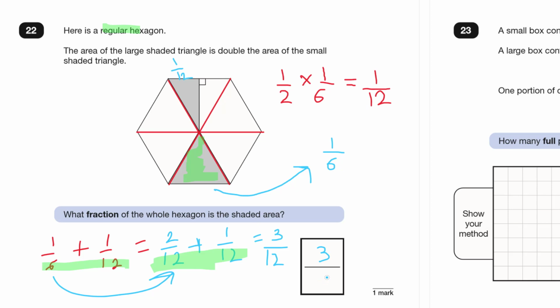Now I can further prove that. So earlier on, I divided it all up into 6 sections. If we were to take it one step further and also divide each triangle in half, like that. So every triangle in half.